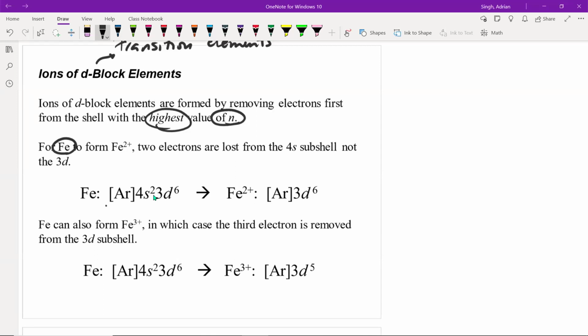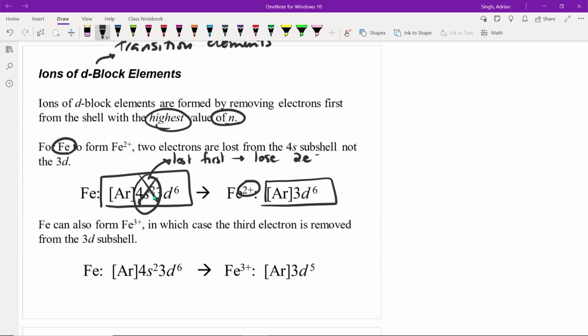So if I have my electron configuration for iron, these 2 electrons here, right, they belong to the highest value of N. These are the ones that are lost first. And guess what? There are 2 electrons here. So we lose those 2 electrons. Okay, so we end up with a charge of +2. We take those away, and our electron configuration then becomes argon 3d6.